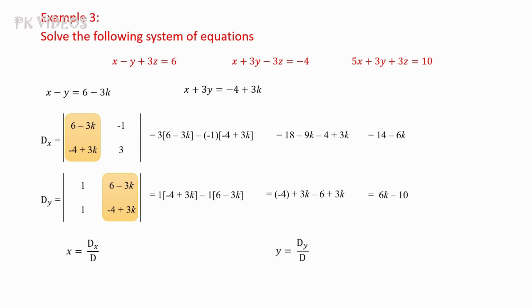To find the values of x and y, we use this formula, dx over d and dy over d. Dx is 14 minus 6k divided by d, which is 4. So when dividing the numerator and denominator by 2, we get 7 minus 3k divided by 2. And similarly, 6k minus 10 divided by 4 can be simplified to 3k minus 5 divided by 2.